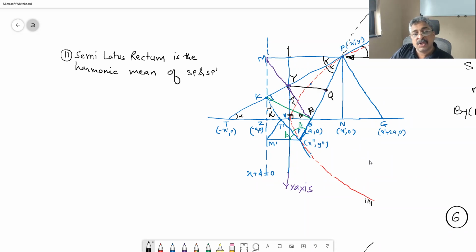Harmonic mean is: take reciprocal, take average, take reciprocal. That is the harmonic mean. So the semilatus rectum is the harmonic mean of SP and SP dash. You may do it algebraically, you may do it geometrically.